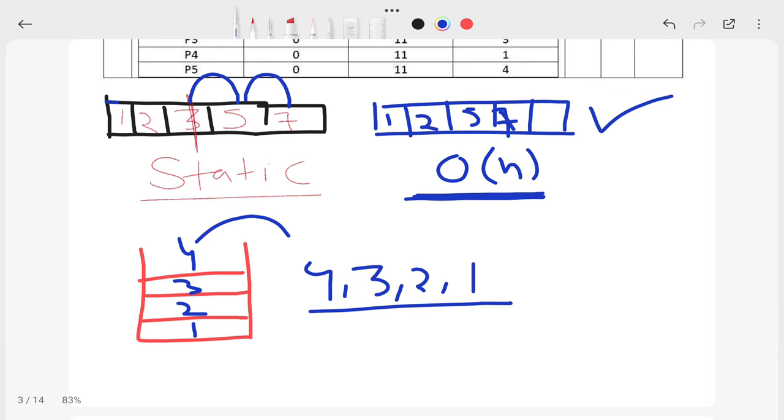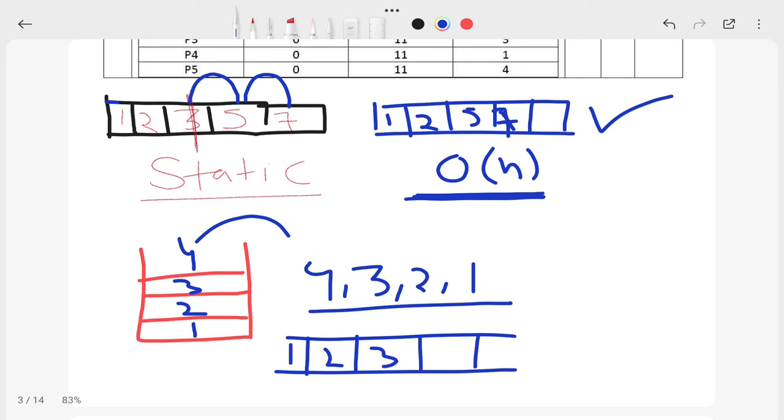Now if you want to delete, suppose you are using an array, just like dynamic memory allocation, and the data is 1, 2, 3 and 4. This is my first data, this is my second data, this is my third, and this is my fourth data.